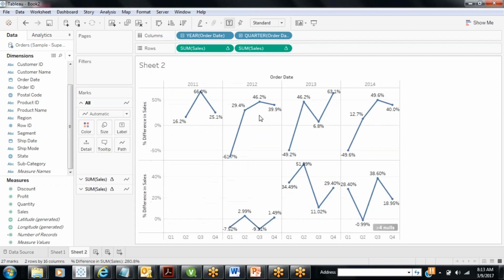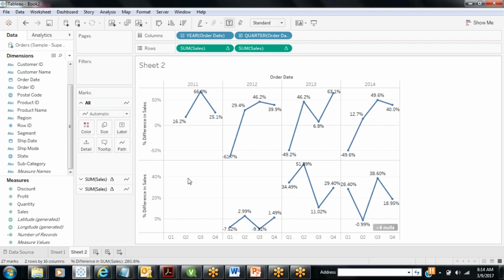One level below, if I go to quarter, this is your percentage of difference, that is not your year over year growth. How do I say year over year growth? This is not only your quarter, this is your complete year.